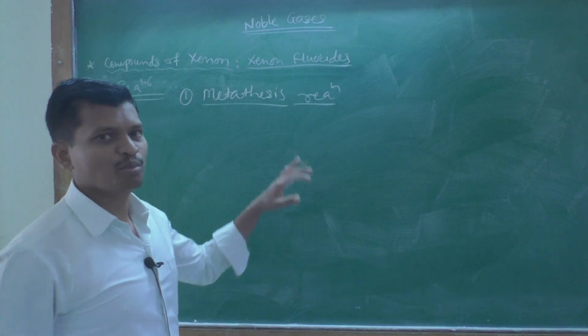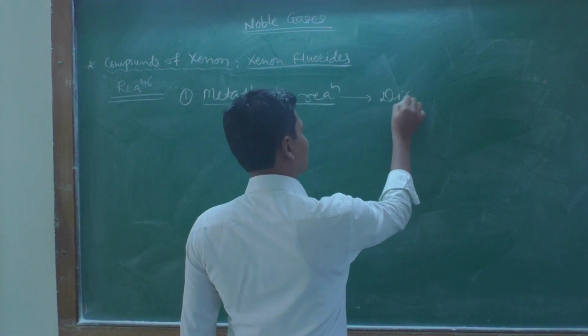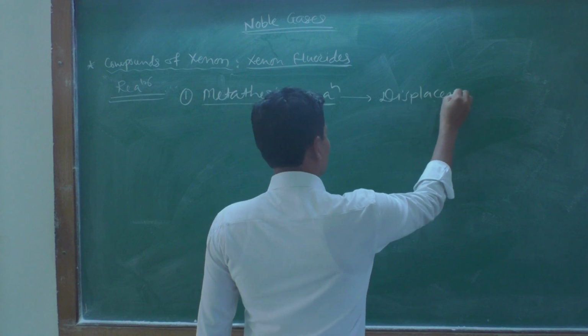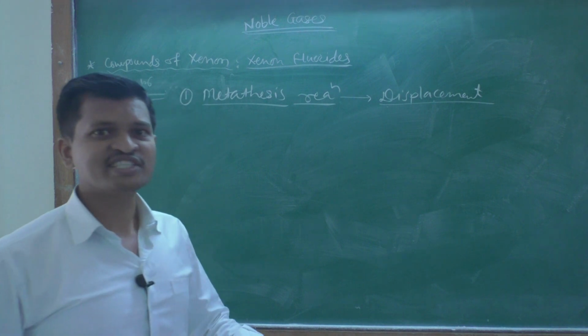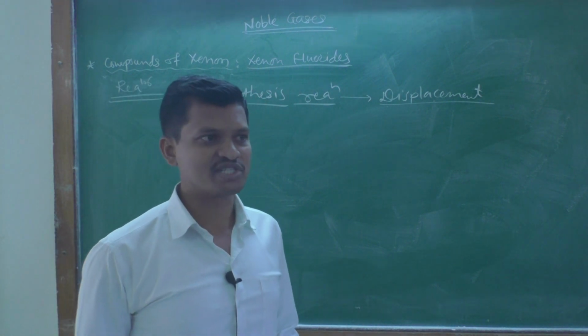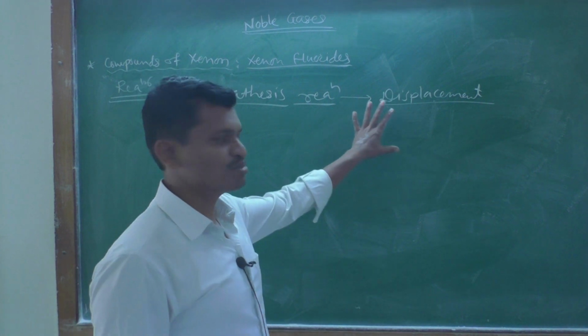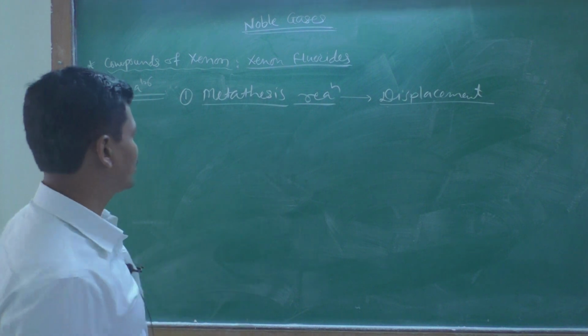The meaning of metathesis reactions in this case is displacement reactions, just like the substitution reactions that we study in organic chemistry. So displacement type reactions are called metathesis reactions in this case.